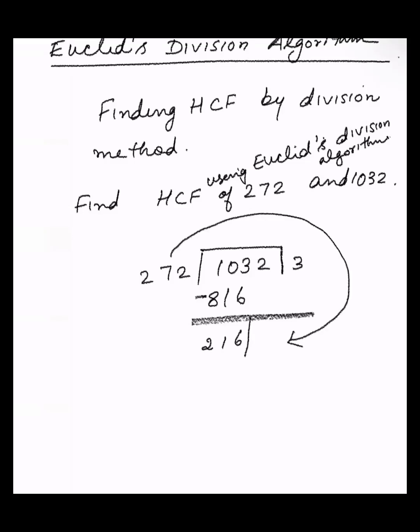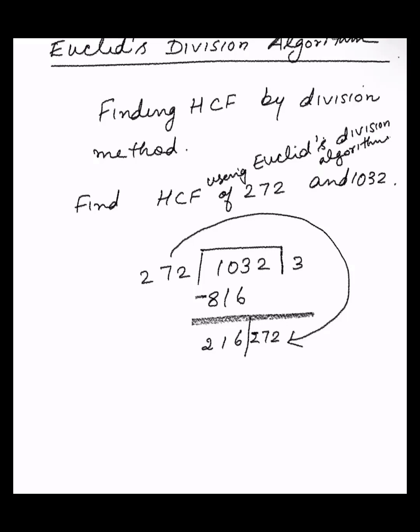Okay, so now write 272 inside like this. Now you're going to divide by 272. What was your previous divisor? That becomes the dividend in the next step. Previous divisor becomes the dividend. And your remainder becomes the new divisor. Okay, so this is what it talks about.